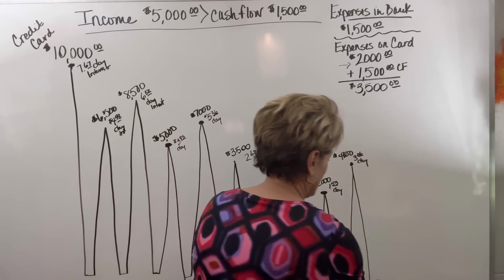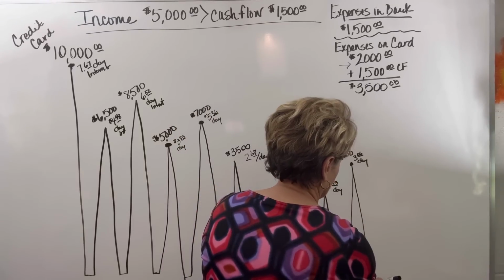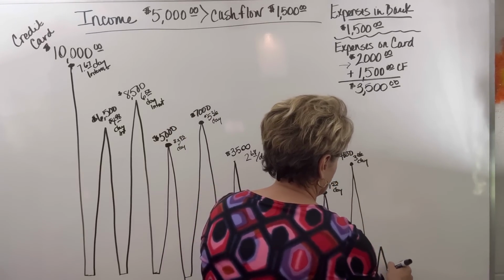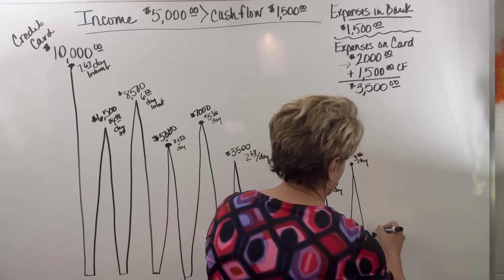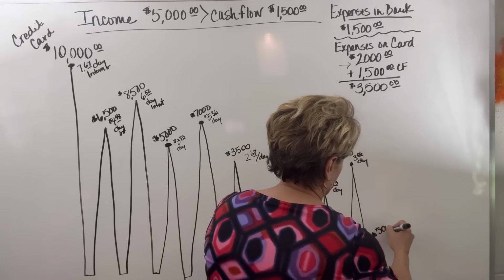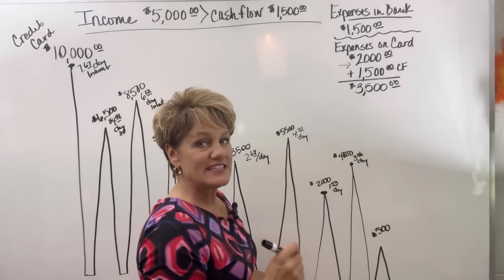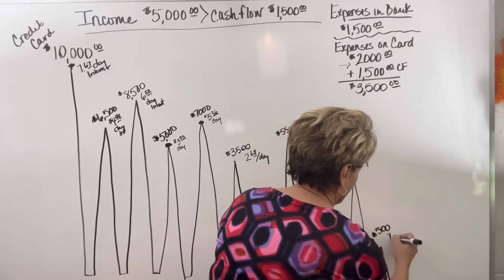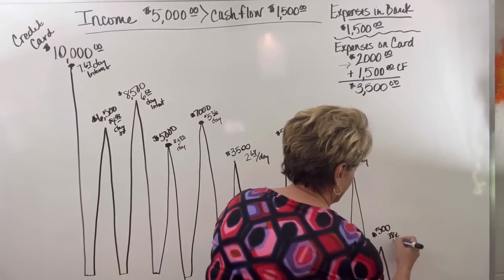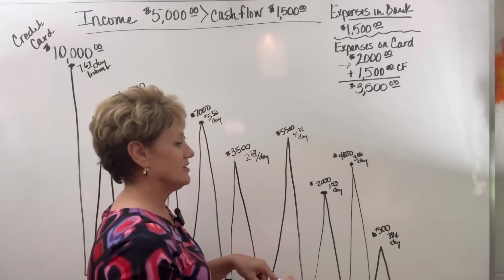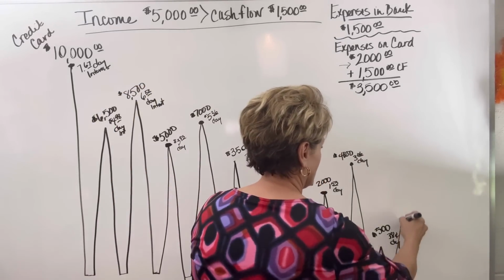Then in your 5th month, you're going to make your deposit of $3,500. And looky there, you're at $500 on your balance. That means you're at 38 cents a day in interest charges. Then you'll just pay your expenses back out of this account again.